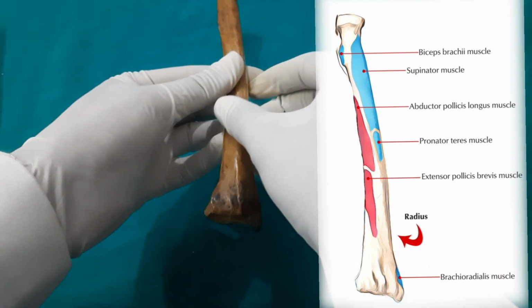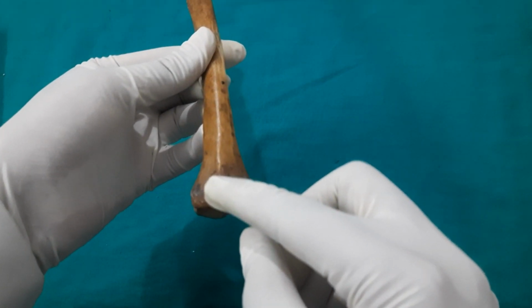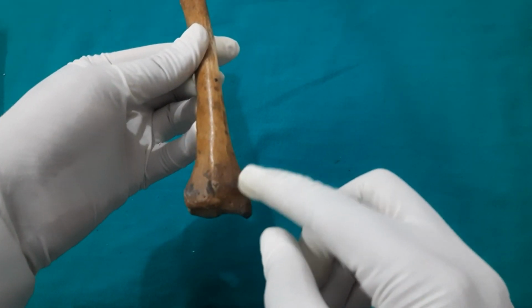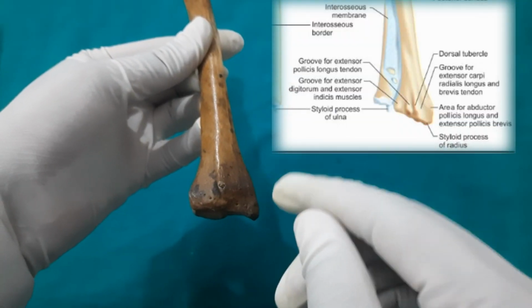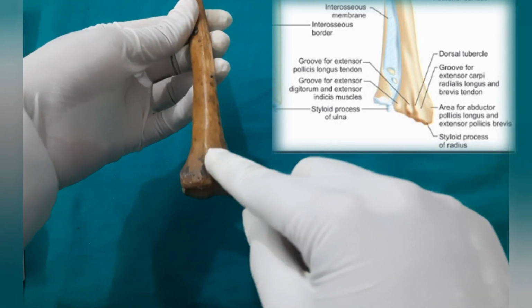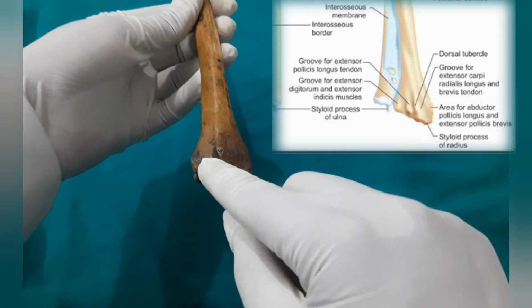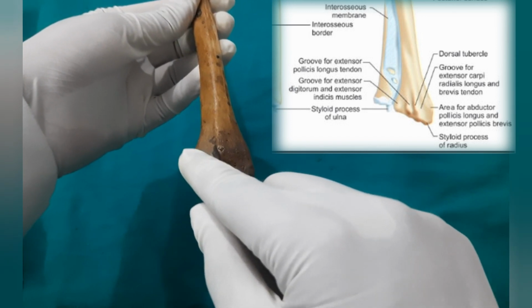Now, if we talk about the posterior distal end of the radius, it has different grooves related to the different tendons of the muscles of the forearm, which allow the passage of tendons through these ridges and grooves. So, from medial to lateral, let us see. The medialmost groove, which is shallow, is related to the extensor digitorum and extensor indicis tendons.